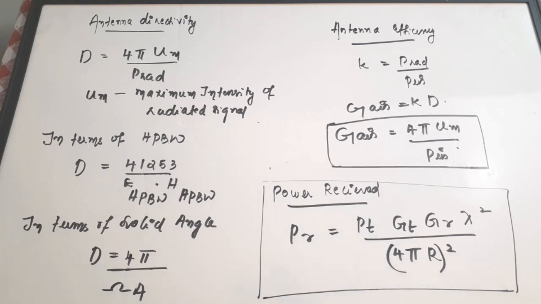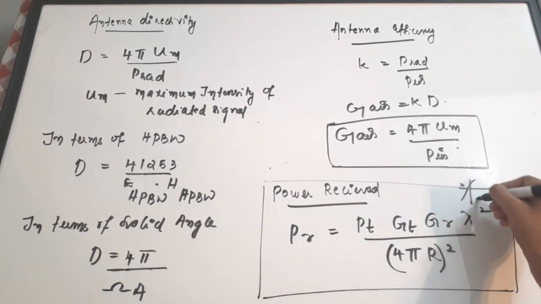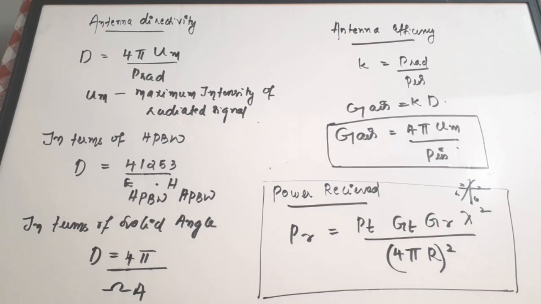Okay, I hope you know the basic working of an antenna. What is an antenna doing actually? Next, a very important equation, I just want to give a star here because it is very important. Power received PR is equal to PT into GT into GR lambda square by 4 pi R square.